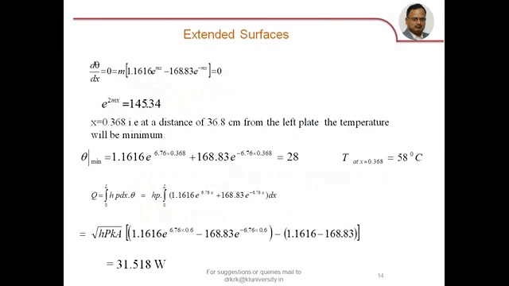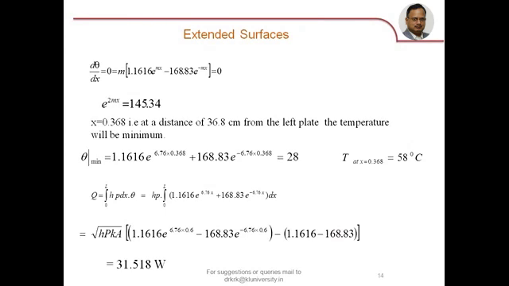So this is about the fins or extended surfaces, where we have seen all typical model problems, and by using these examples you can solve any complicated problem on fins of uniform cross-sectional area, or by using the graphical method you can solve problems on circumferential fins as well as triangular fins.